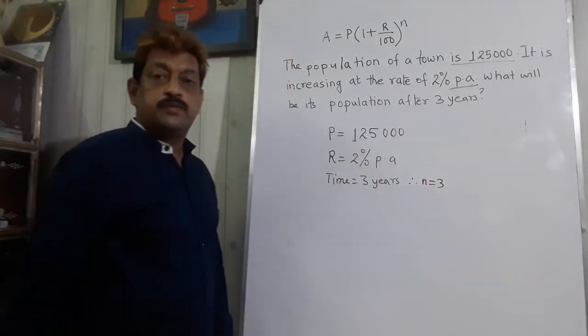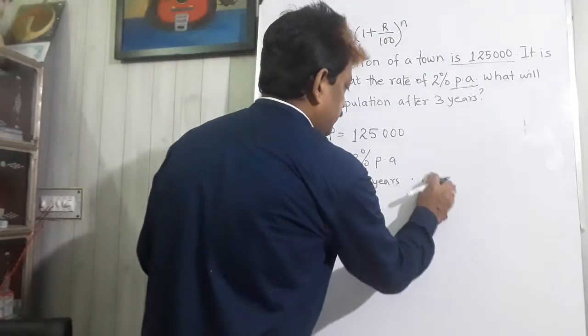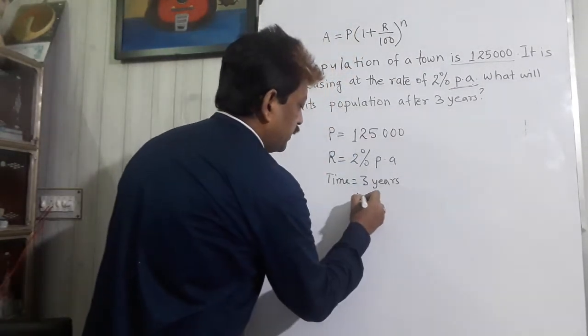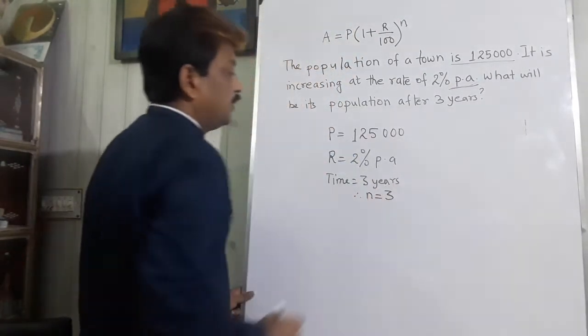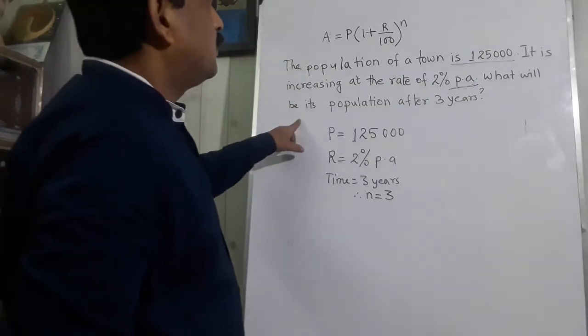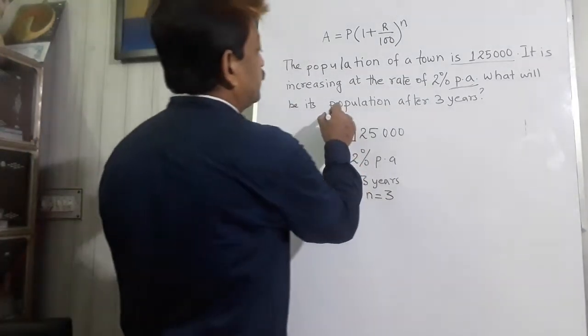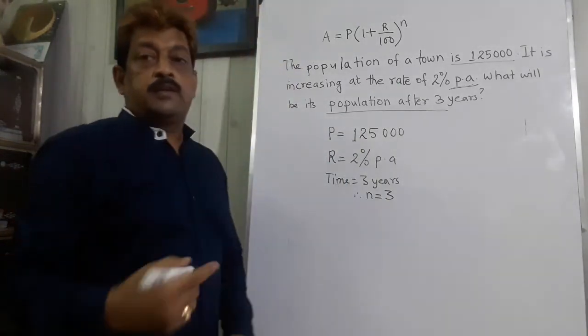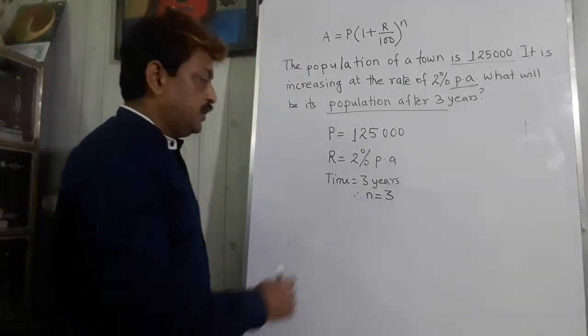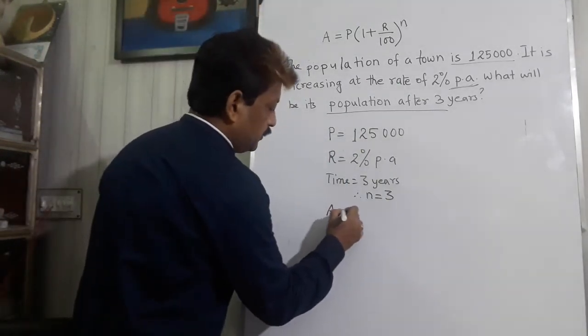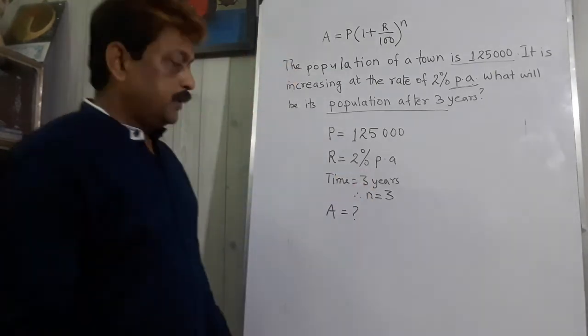So n is equal to 3. Better write it here. Therefore n equals 3. Now what we have to find? What will be its population after 3 years? Let the population after 3 years be A. A we don't know.